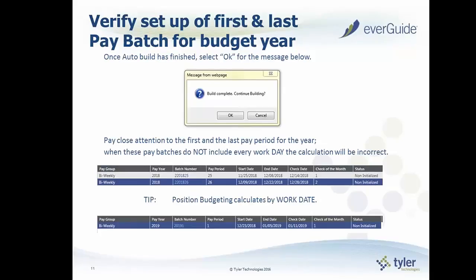When you enter the payroll hours in payroll, you know how you enter, okay, they worked 12/25, 12/26, 12/27. Those are what I consider to be a work date, and that's what position budgeting is calculating on.